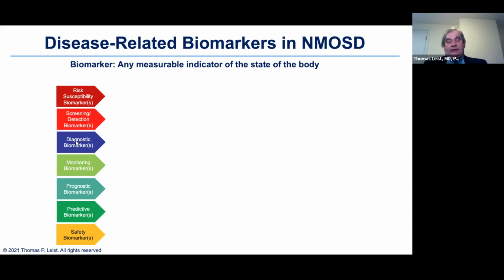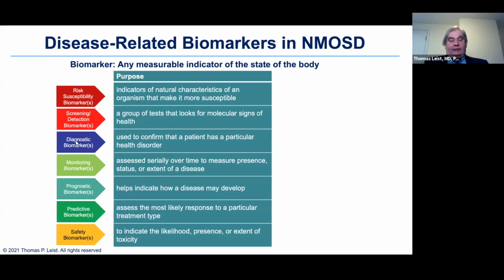But just keep in mind that there are other biomarkers that we would like to have. We would like to have a biomarker, for example, that tells us whether somebody is at risk for a disease. We would like to have biomarkers that tell us whether somebody responds to treatment. So that's a monitoring biomarker.